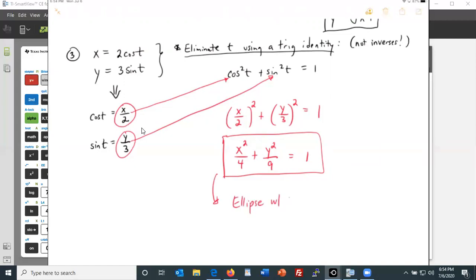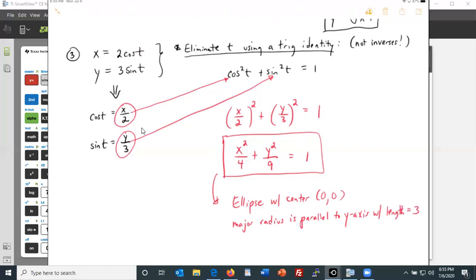And it has a center at 0, 0. Now, the bigger number there is 9, and it's under the y value. So remember that the major radius is parallel to the y-axis, with length of 3.